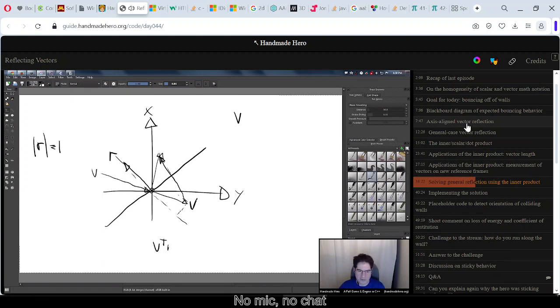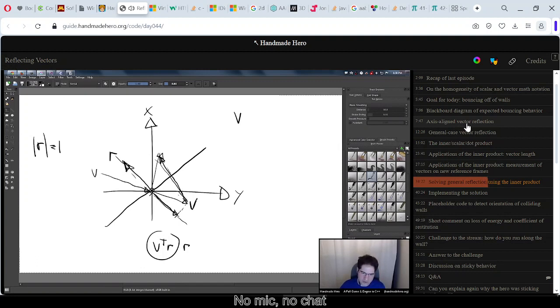My v transpose r is the length along r that this was, and that's going to be negative, obviously, because we know it's going into the wall. So if I multiply that scalar times r, the actual wall reflection direction, that gives me a vector. That gives me essentially this vector right here. That's actually the vector now, not just the length. So all I have to do to reflect this across it is just subtract 2 of those.